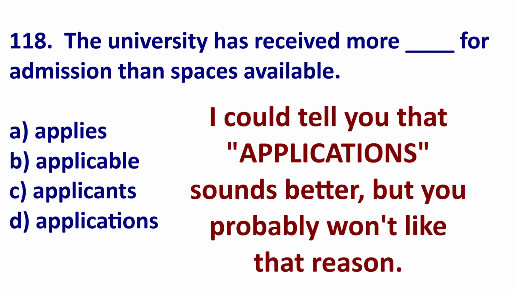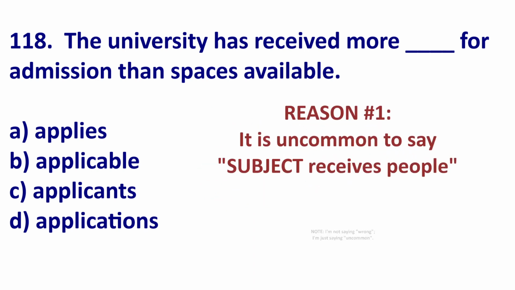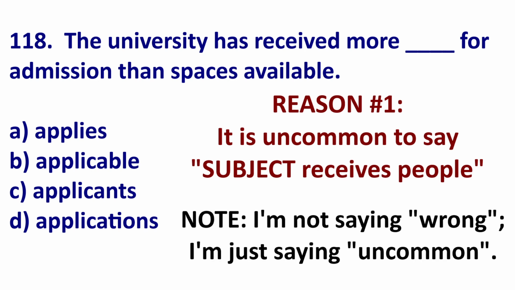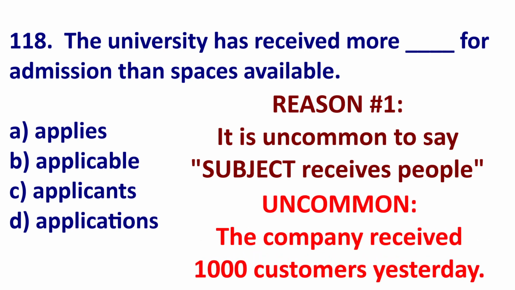Why? I could say it just sounds better, and it does, but you would probably be unhappy with that answer. So let's look at three reasons D is the best answer. First, it is uncommon to say someone or something receives people. For example, the company received 1,000 customers yesterday.